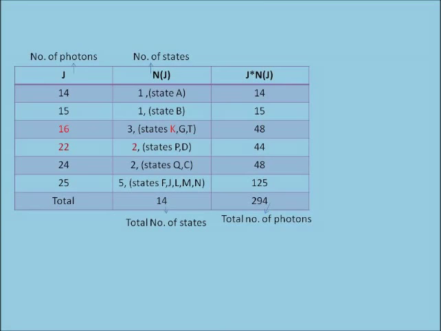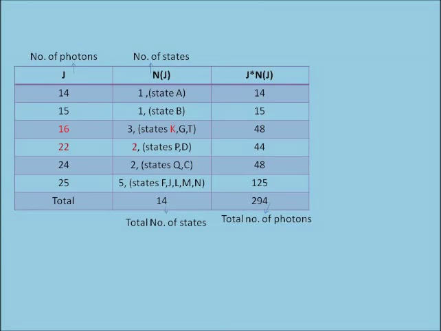So this states that there is one state in which there are 14 photons, there is another state in which there are 15 photons, there are three states in which there are 16 photons in each state, and so on. The names of states are given in the bracket and the outside quantity is number of states.